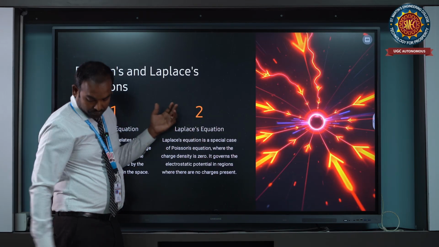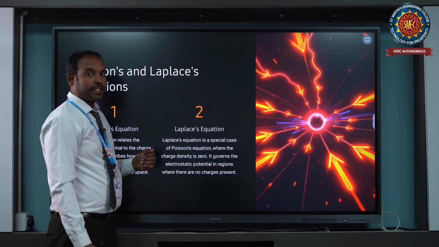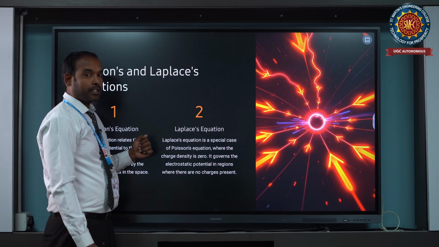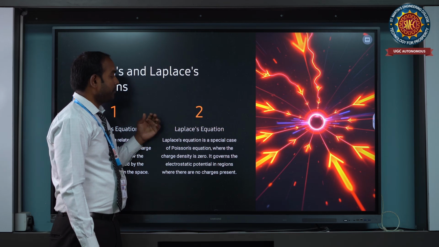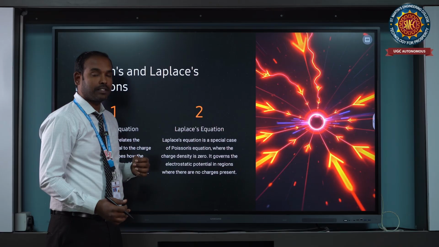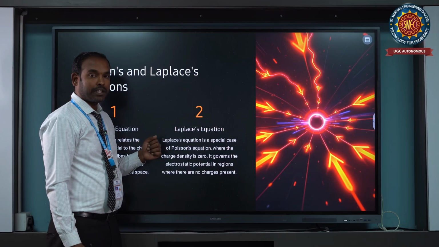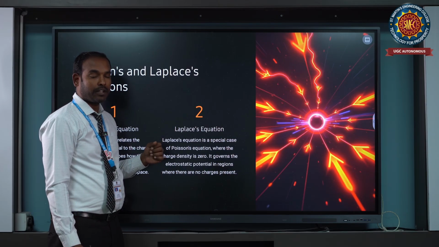Another important topic is where we find Poisson's and Laplace equations. In electrostatic field problems, where two different regions have electric field, in order to determine electric field at the boundaries, we call them electrostatic boundary value problems.